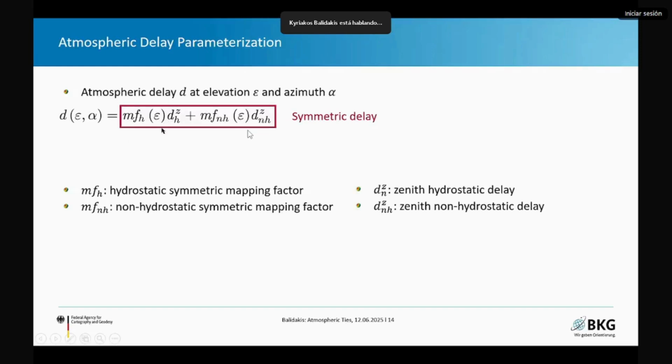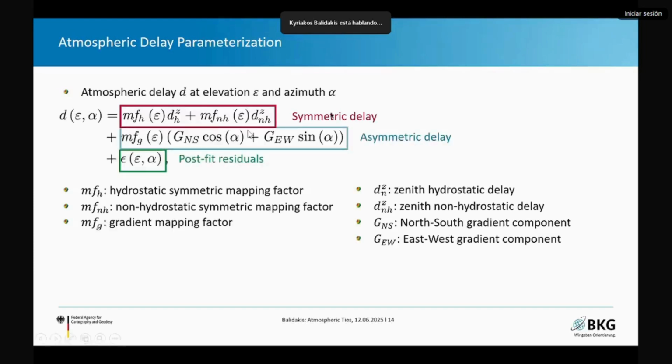The first part with the subscript H is the hydrostatic delay because of dry gases, and this is something very predictable, right? We can know it with very good accuracy in advance. The second addend, NH, is non-hydrostatic, and this is mainly due to water vapor. Our numerical weather models cannot describe this very accurately.